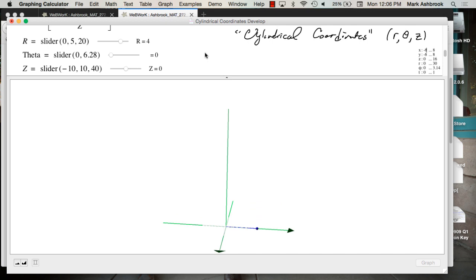Just go ahead and practice plotting these points in cylindrical coordinates.